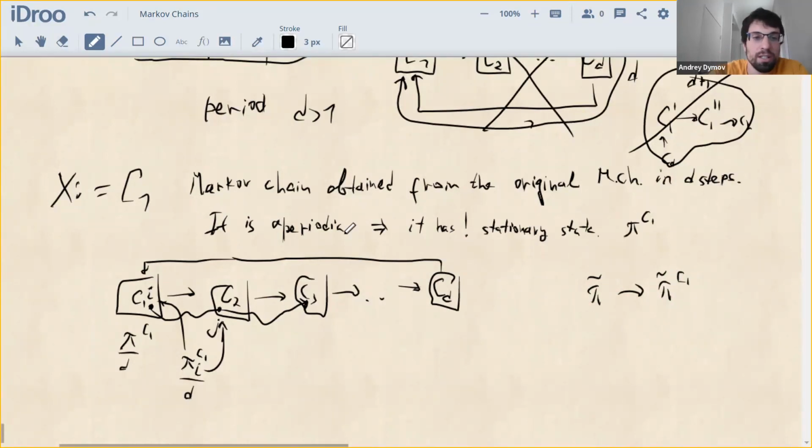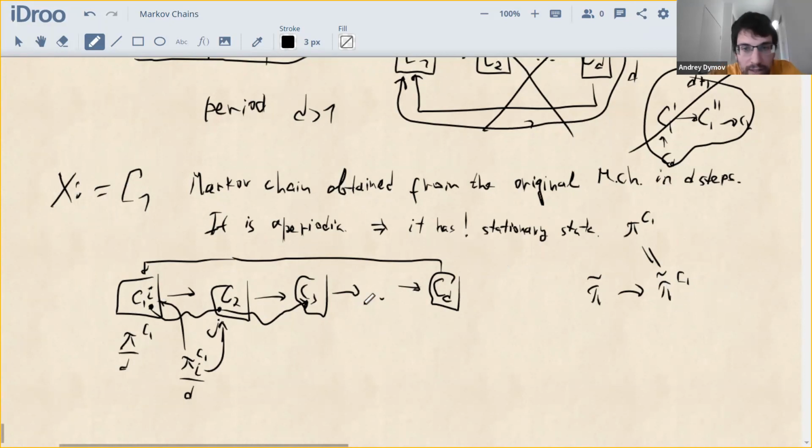But since the stationary state of this new Markov chain is unique because it's ergodic, they should coincide, right? But then there is a unique possibility to extend this stationary state to the whole chain, and this is the procedure which I have described. Right? So this, in fact, is a unique way to extend my stationary state to the chain.